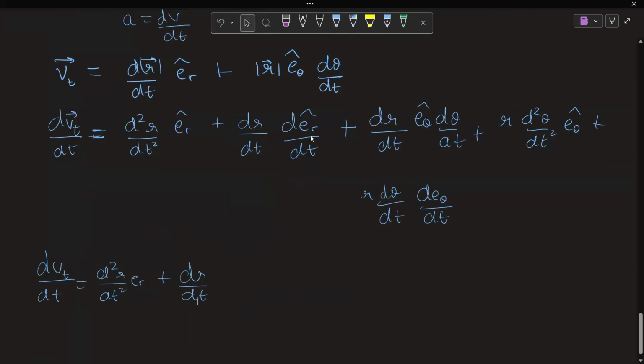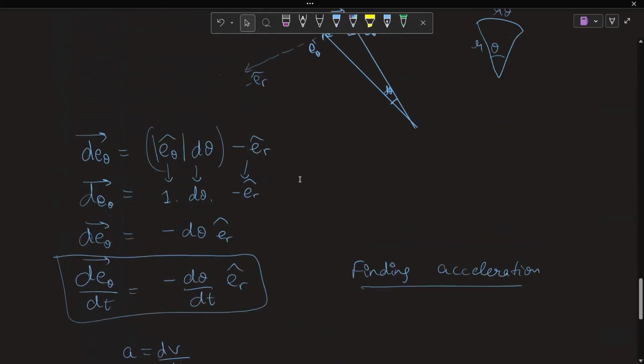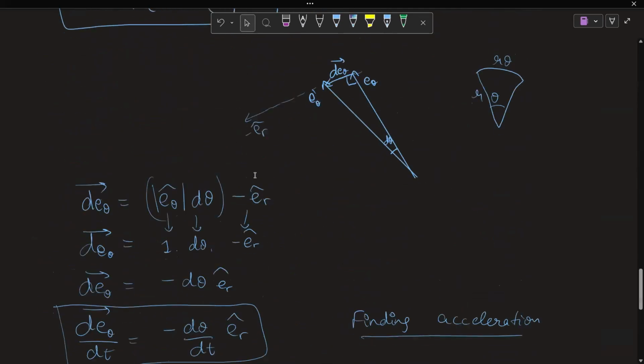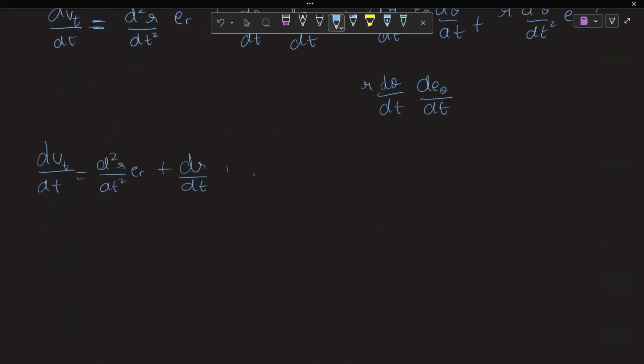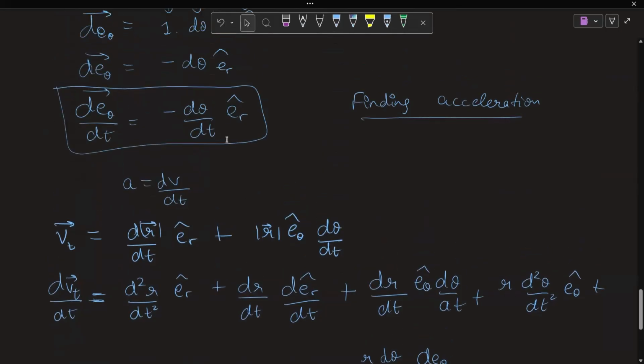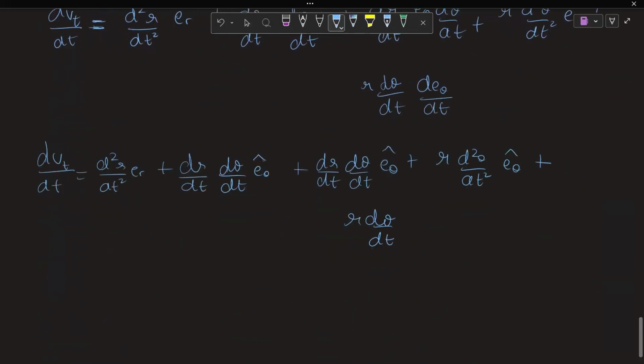So dv by dt is basically d2r by dt square E_r plus dr by dt. We have from equation number 1, dE_r by dt, what do we have? We have d theta by dt into E theta cap, plus dr by dt d theta by dt E theta cap, plus r d2 theta by dt square E theta cap, plus r d theta by dt dE theta by dt. What do we have? Minus d theta by dt into E_r cap.